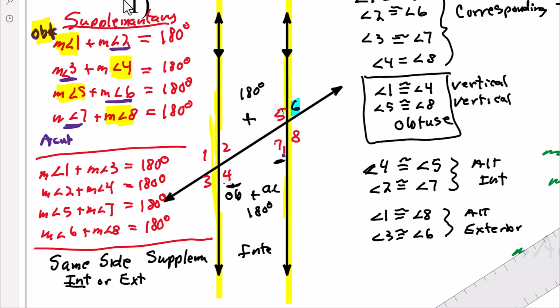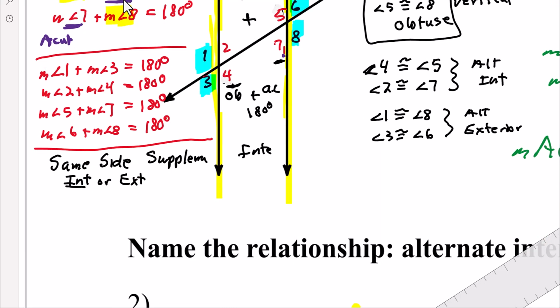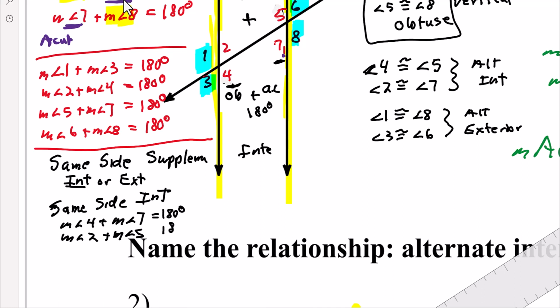Okay, now let's look at same side exterior. 1 and 6, 1 is obtuse, 6 is acute. Those two add up to 180. And then 3 and 8 are on the same side exterior. So we'll say that for same side interior, the measure of angle 4 plus the measure of angle 7, the measure of angle 2 plus the measure of angle 5, both of those add up to 180.